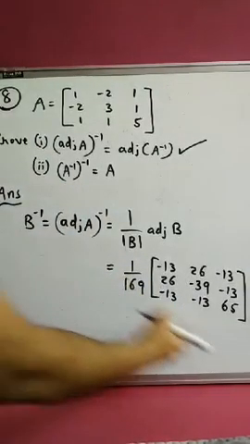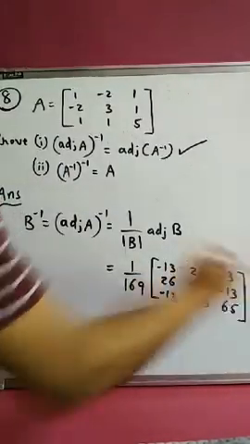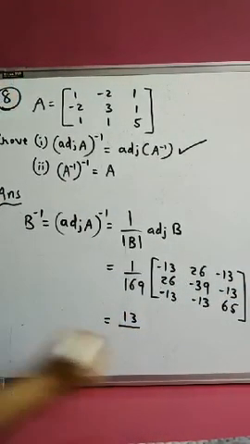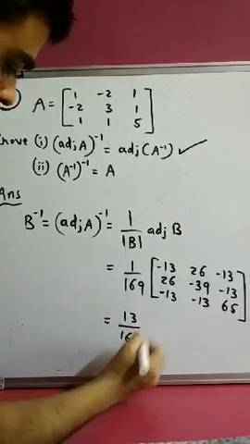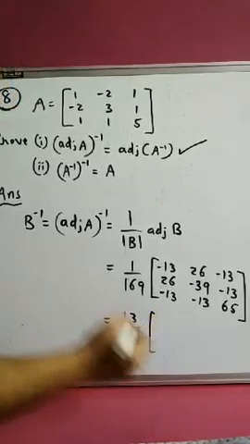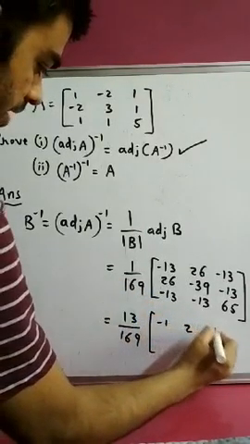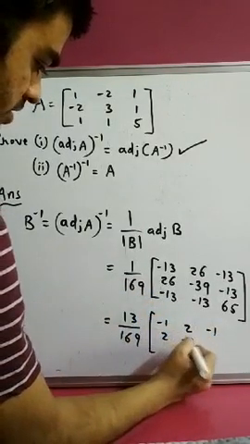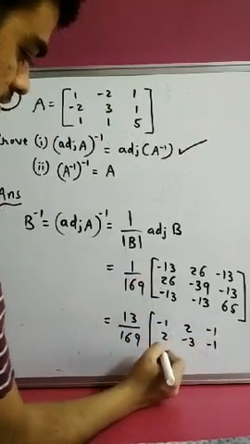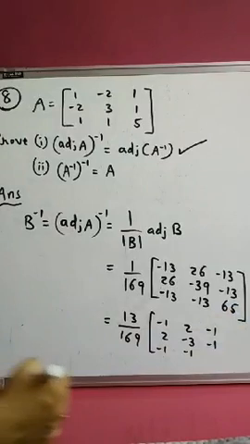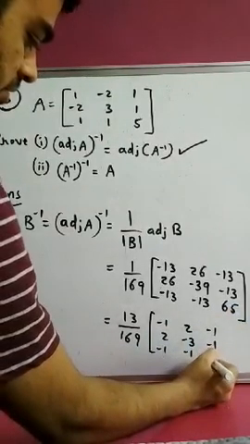Now you know that these are all multiples of 13, so we can take 13 common, 13 by 169. Here we can write minus 1, 2, minus 1, 2, minus 3, minus 1, minus 1, minus 1 and 65 divided by 13, which is 5.